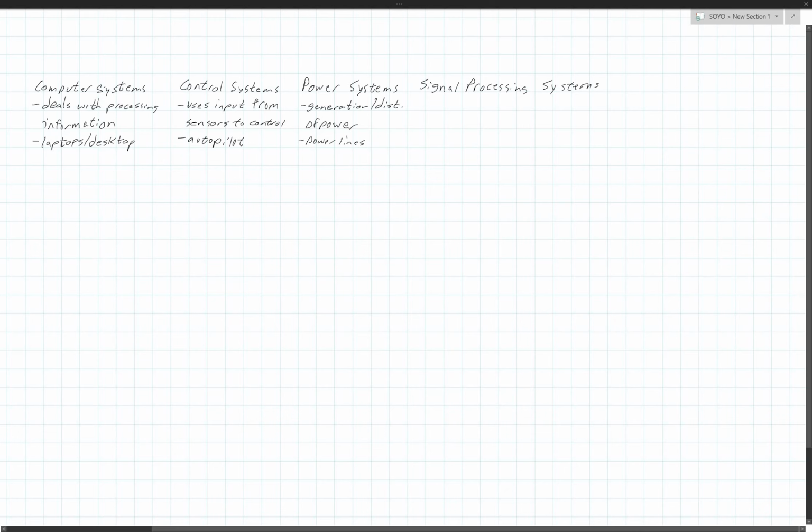We also have signal processing systems, which are all kind of interconnected, so you might be able to see that right now. If not, you'll be able to see that as time goes on.